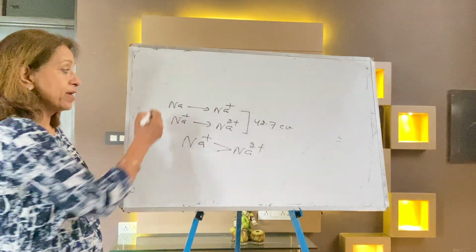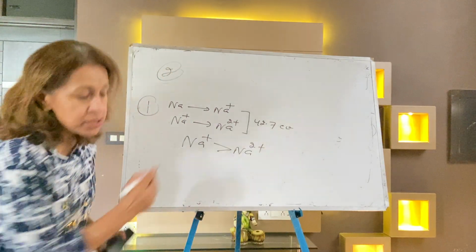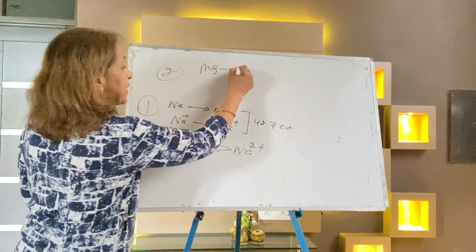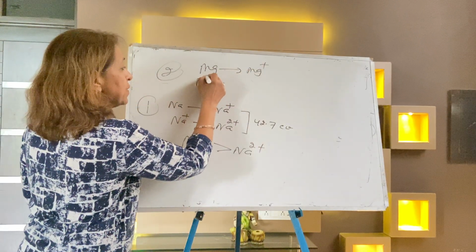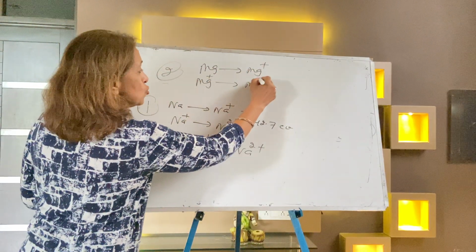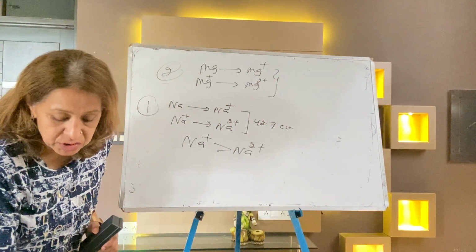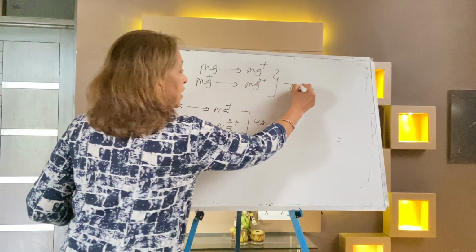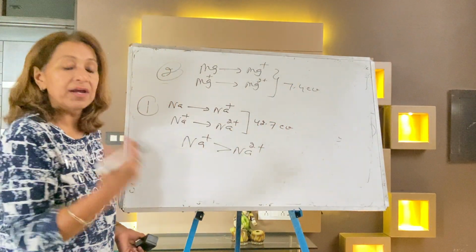This is one example. Now take a second example: magnesium arrow Mg+, and again Mg+ arrow Mg2+. The difference between IE1 and IE2 is just 7.4 electron volt. The difference is quite less, less than 11 electron volt.